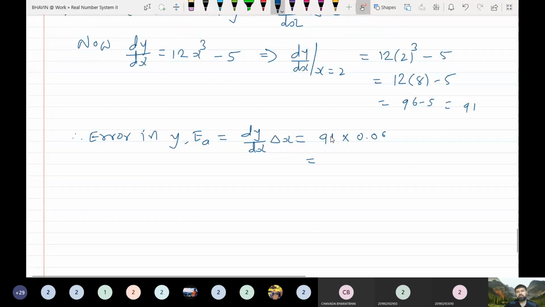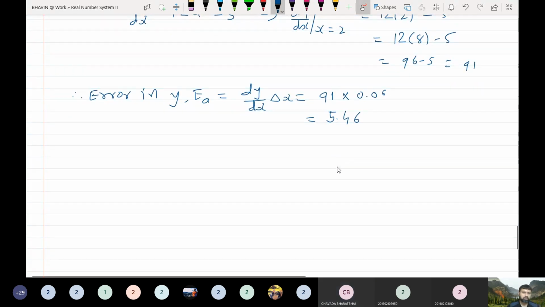I think 5.46. Correct me if I am wrong. Is this true? Yes, sir. Okay, so this is absolute error.